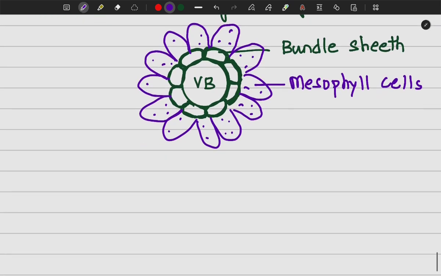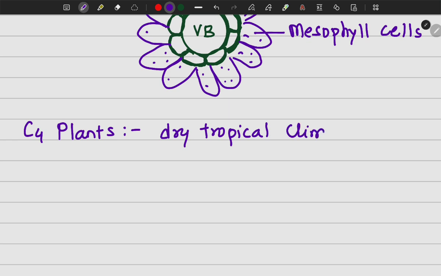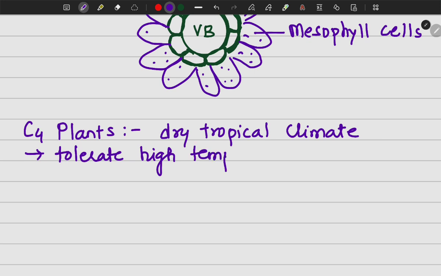Now before that, let us talk briefly about the C4 plants. These C4 plants are special plants that grow in a dry tropical climate. That means they are adapted to tolerate high temperatures. They can respond to high intensities of light.